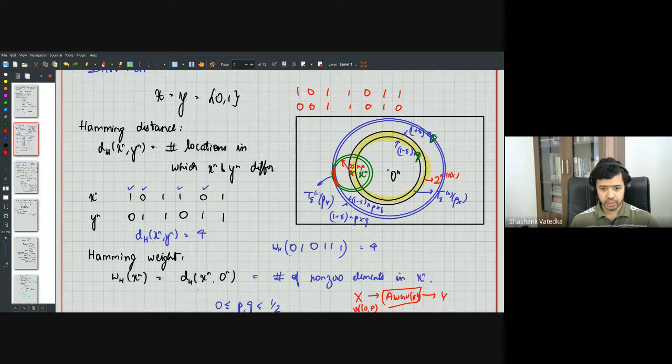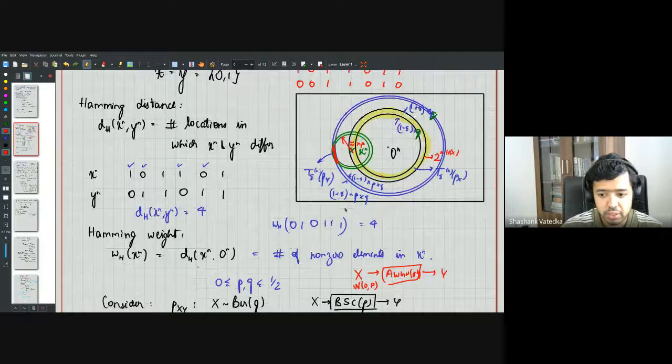The probability that you see a particular y given a particular x is going to be whatever, so you can compute the exact probability.